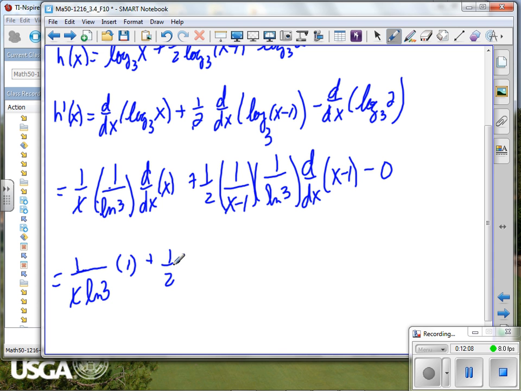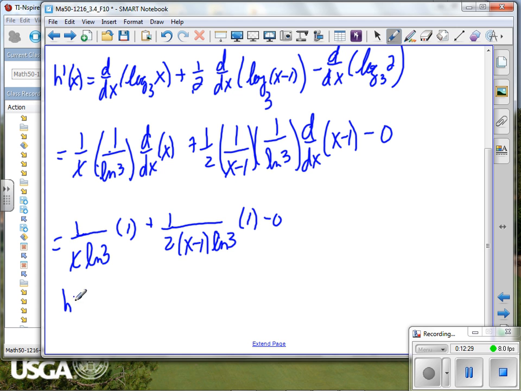Now if I look at this, I could actually say plus 1 divided by 2, the quantity x minus 1, natural log of 3. That's combining the 3 fractions here. What's the derivative of x minus 1? 1 again. So my derivative is just these 2 fractions.